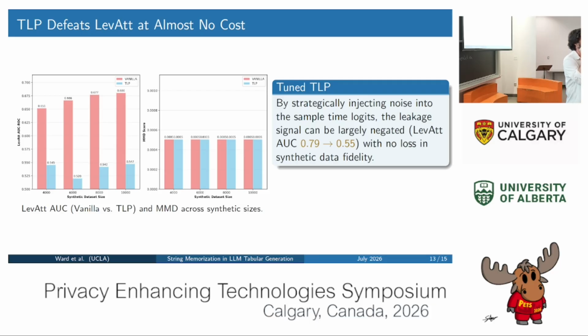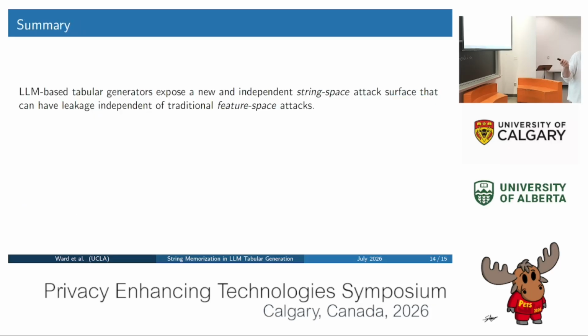Because you can break up the string level character patterns at this character representation level without destroying any of the fidelity or utility in the implied Cartesian space of that data, which is very cool.